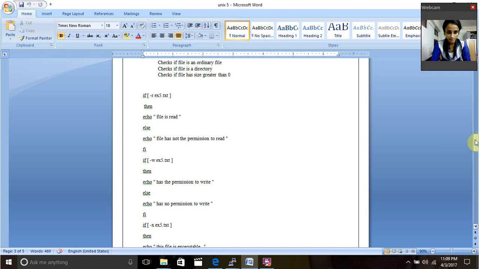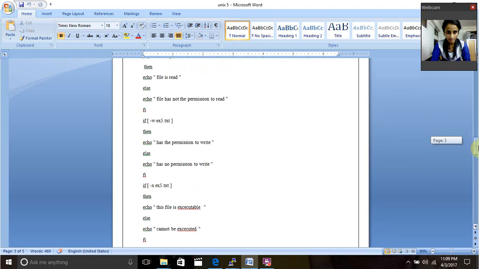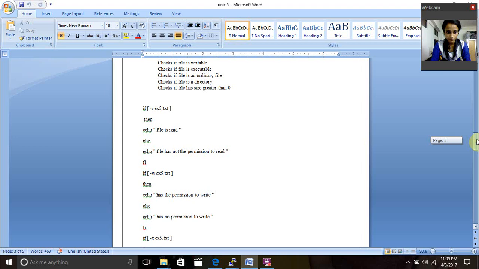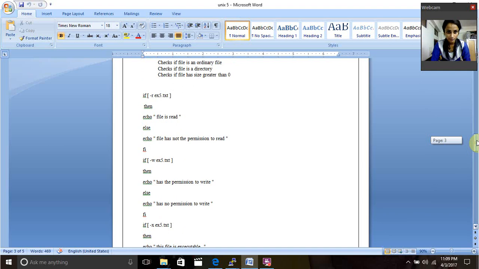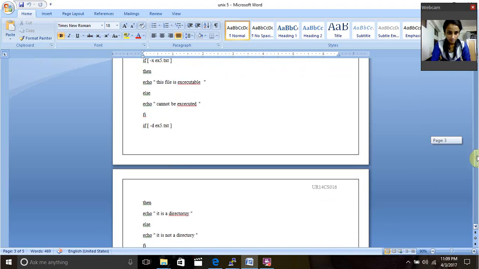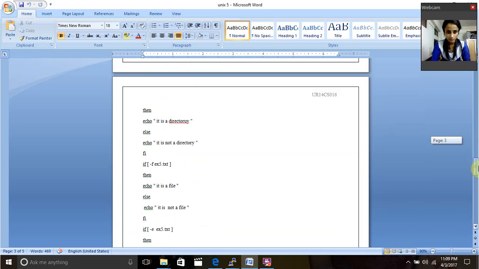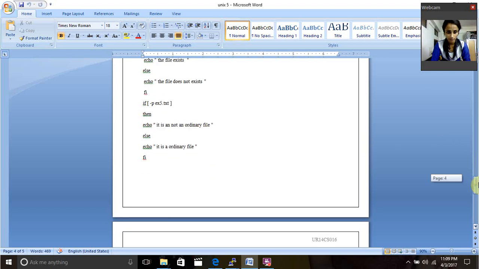Then -w ex5.txt, then the same for executable, -x ex5.txt, then if it is an ordinary file, -d ex5.txt, then if the file is a directory, -f ex5.txt. If it has file size greater than 0, then -p ex5.txt.